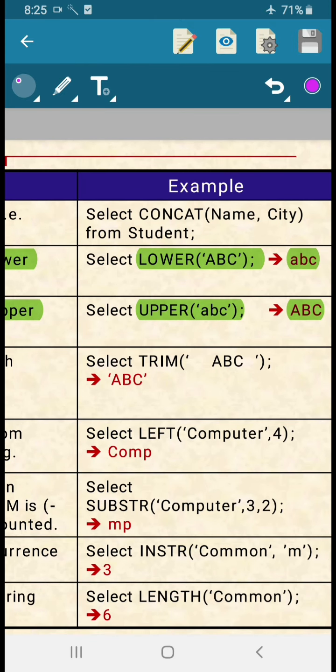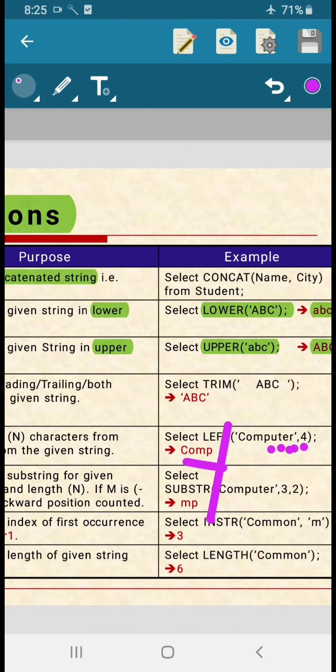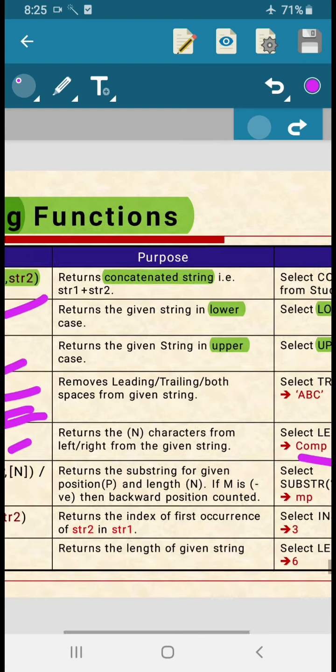See this example here: COMPUTER, 4 characters, the first 4 characters will be displayed, that is COMP. If it is right side, then from the right side the 4 characters will be displayed, that is UTER. If it is 5, PUTER will be displayed, right? So that is the example of left and right.